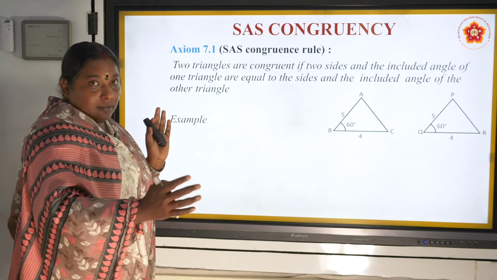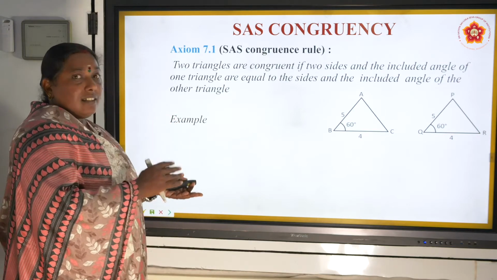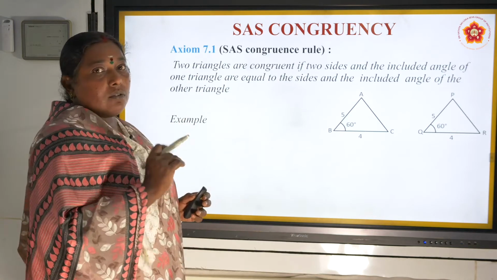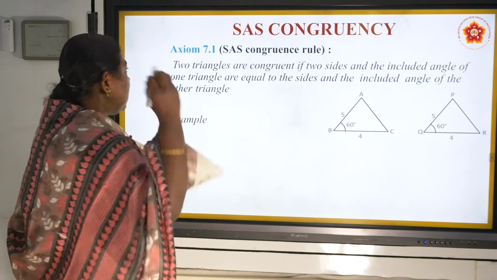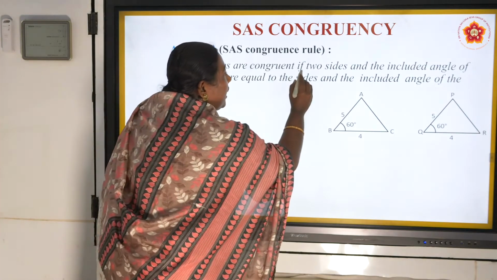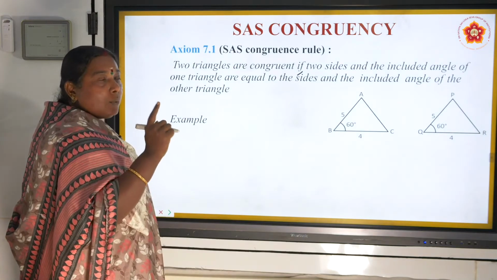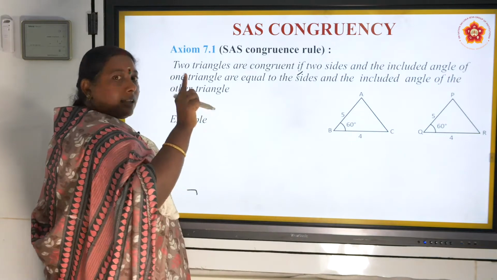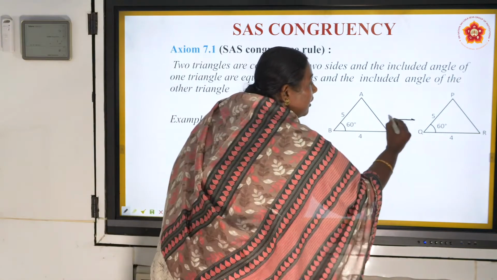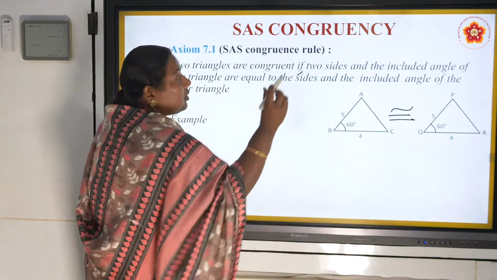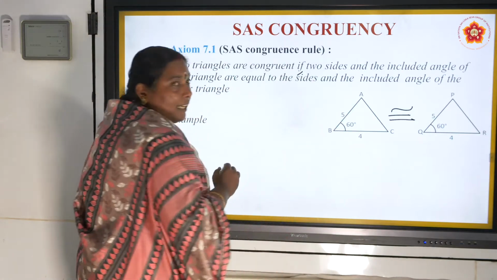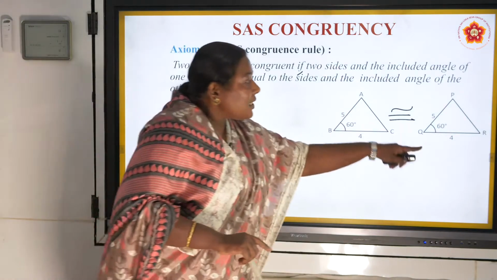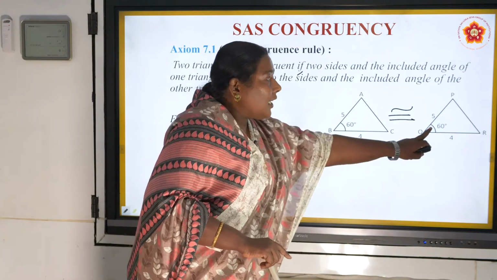It is too big. Really, it is too big. From the 8th standard, the first time we are going to see this, it will seem too big. But it is a very easy thing to remember. See, 2 triangles are congruent if 2 sides and the included angle of one triangle are equal to the 2 sides and the included angle of the other triangle.